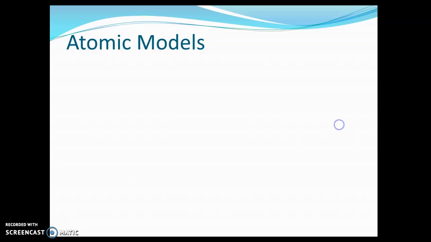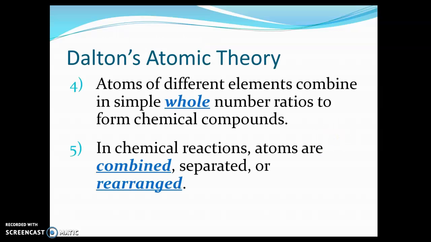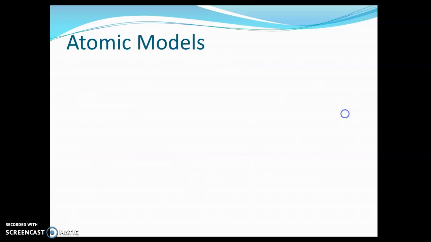He said that atoms of different elements combine in simple whole number ratios to form chemical compounds. In chemical reactions, atoms are combined, separated, or rearranged. So that kind of ties in with what he said before, that you can't create or destroy them.